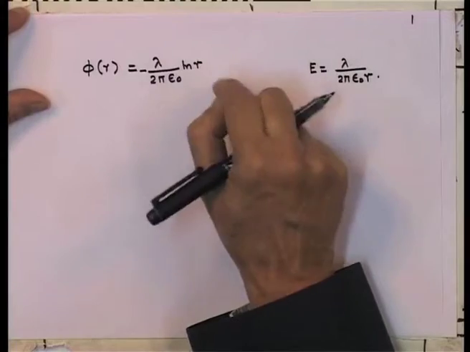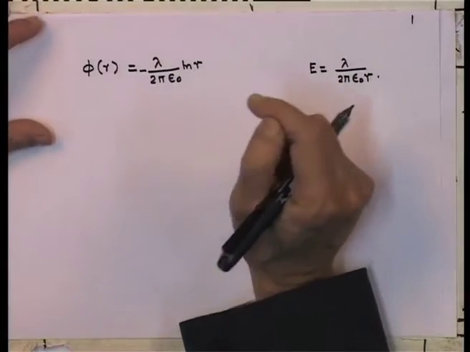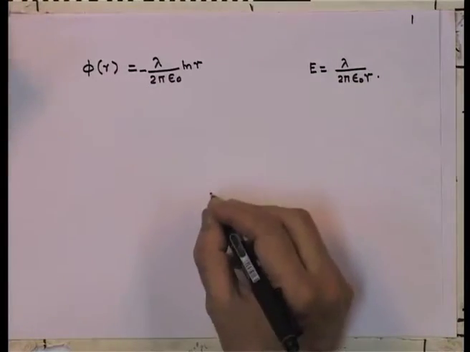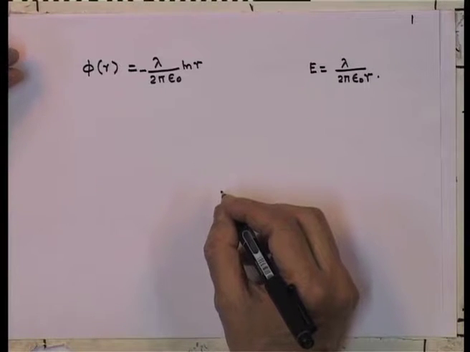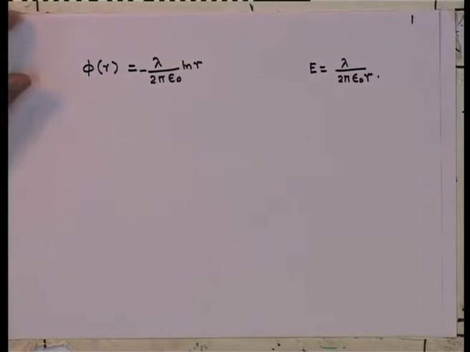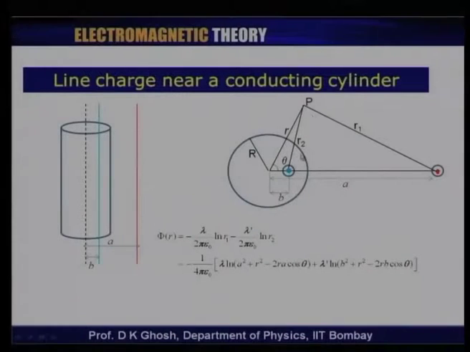Of course, you could always add a constant, but if I now consider the line charge as well as its image charge, this gives you a potential or a field at an arbitrary point P. Let us suppose the distance of this point P from the original line charge is r1 and from its image charge is r2.